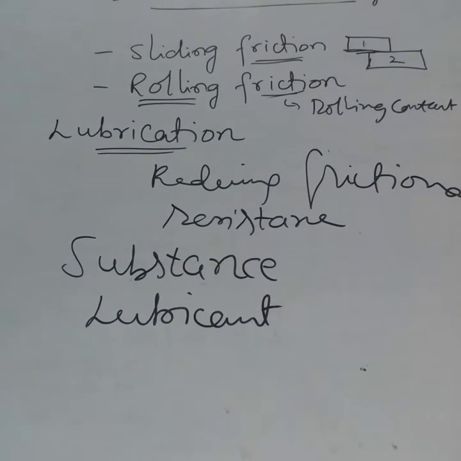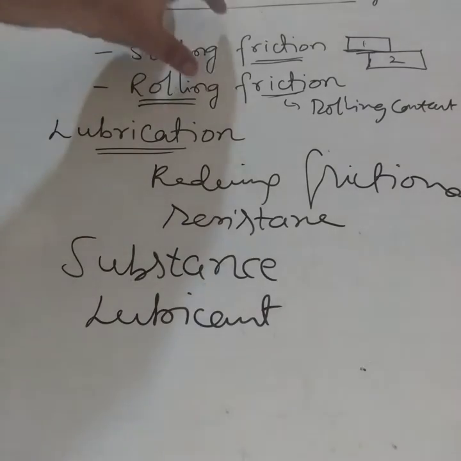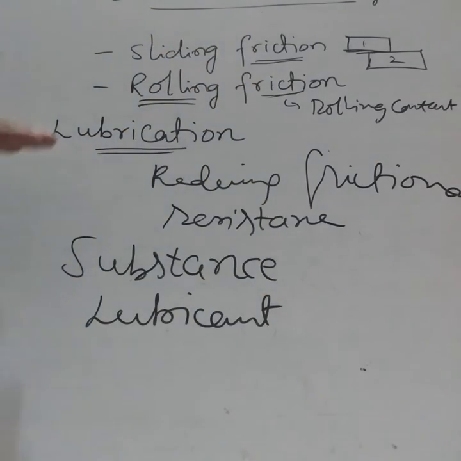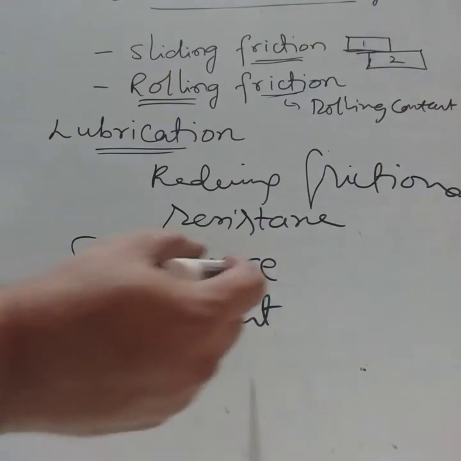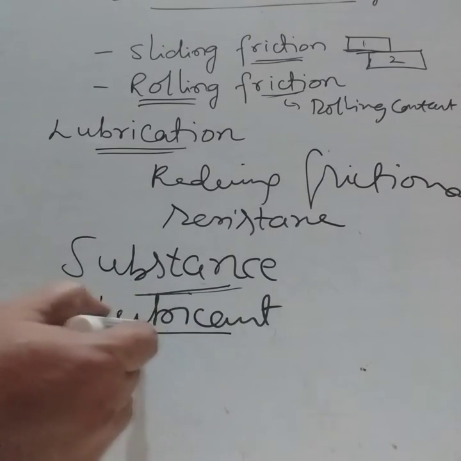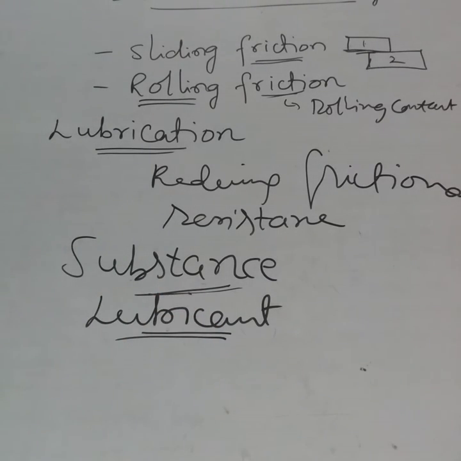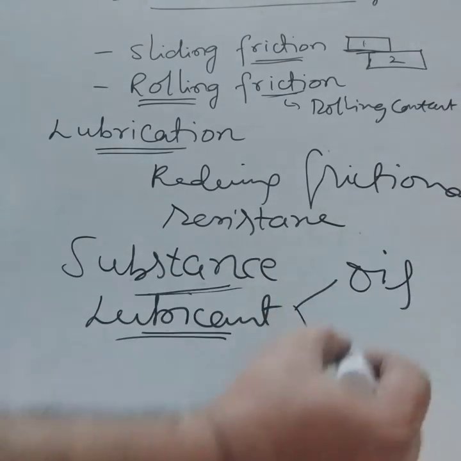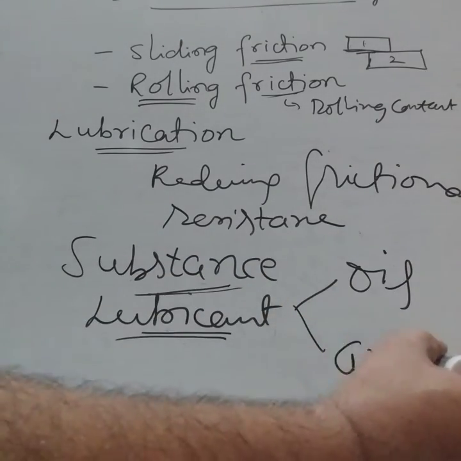So we need to reduce friction in many cases, to overcome the effects of friction. We are going to have a substance between the moving parts, and that substance is called a lubricant. Common lubricants are oils or grease.